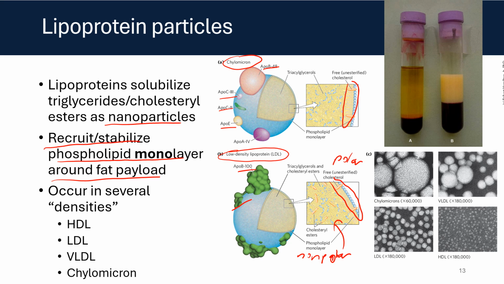Think of these lipoprotein particles as burlap sacks filled with triglycerides and cholesterol esters, and we can distribute these burlap sacks to the appropriate tissues. You may also be broadly aware that lipoprotein particles come in varying sizes and densities. The largest and least dense of these are actually the chylomicrons.